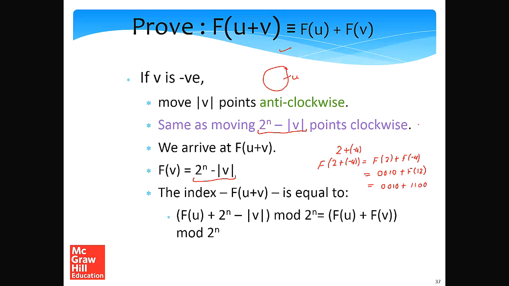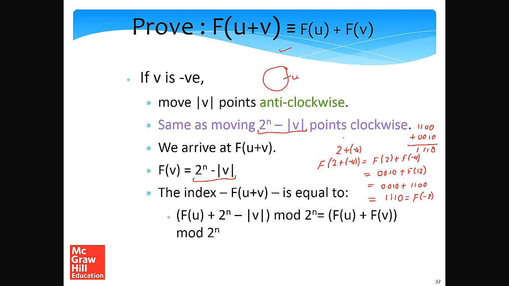So let's proceed and add, no problem. What we get is 1110, which is actually the representation of, this is 2 plus 4 plus 8, which is plus 14, which is actually f of minus 2, which is exactly the answer that we needed to get. 2 plus minus 4 is minus 2.